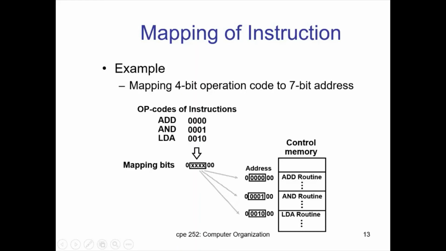That means this will be an audio file, and 0001 is a video file, and 0010 is a combination of audio and video. So for example, if I want to listen to an audio song, I have to press the button 0000, so I can listen to the audio song.